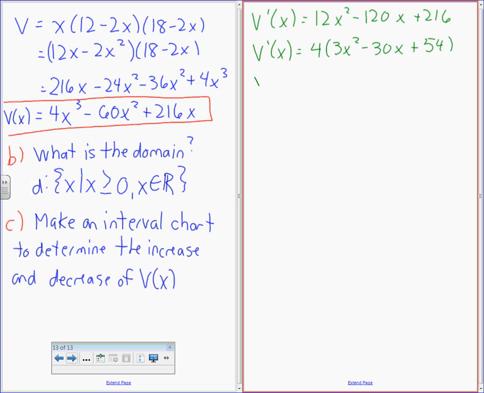Sorry about that. So v prime of x is equal to 12 bracket x squared minus 10x plus 18. I think 18 times 3 is 54, is that right?